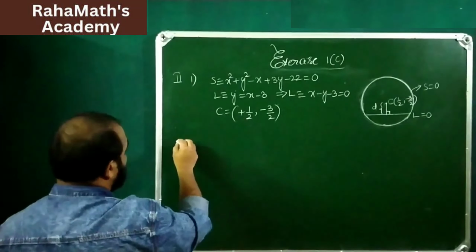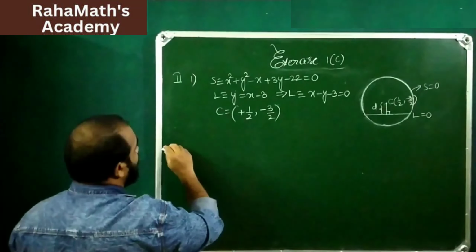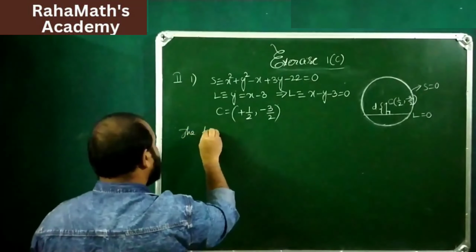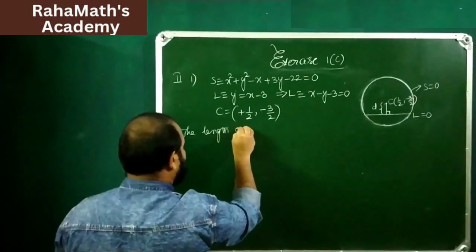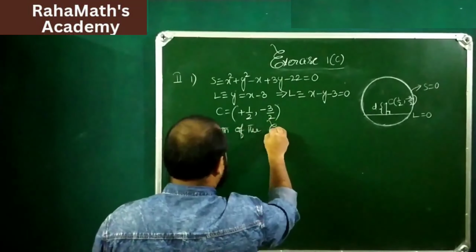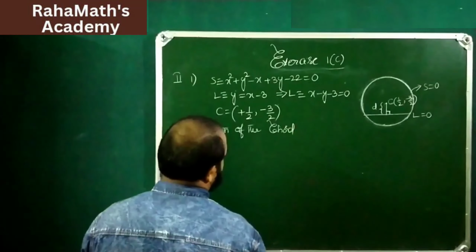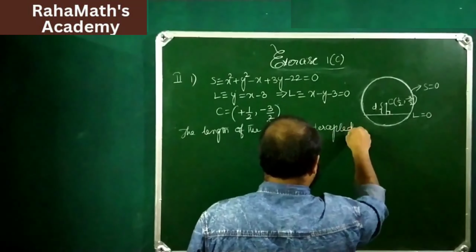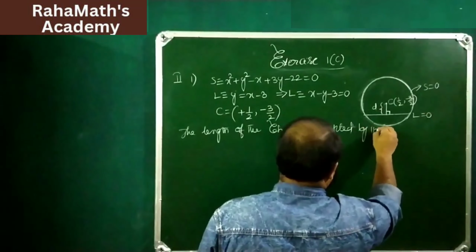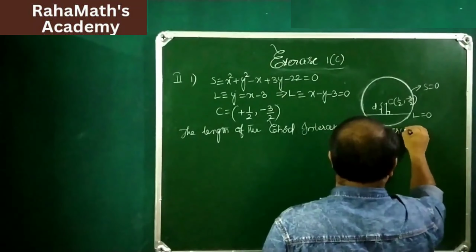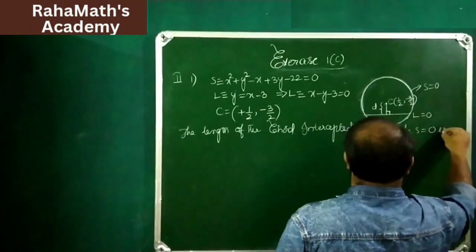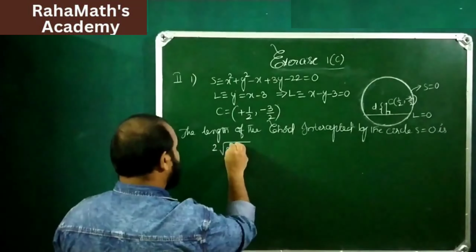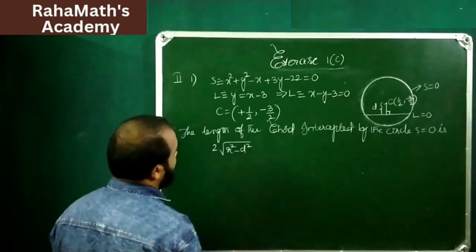Yesterday morning we discussed that the length of the chord intercepted by the circle S equals 0 is 2 root of r square minus d square.